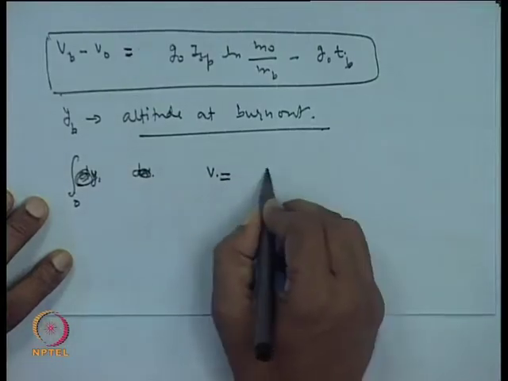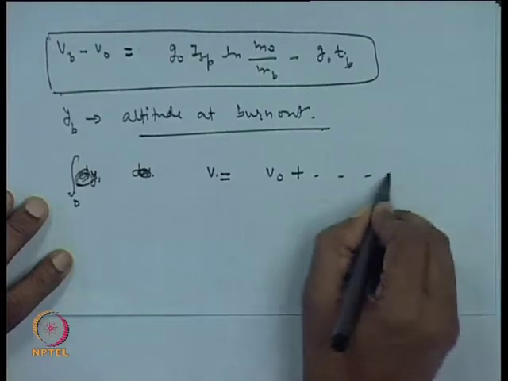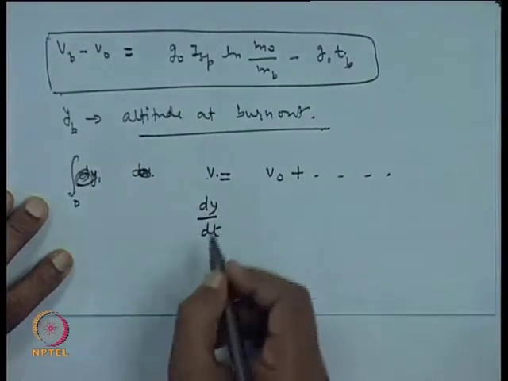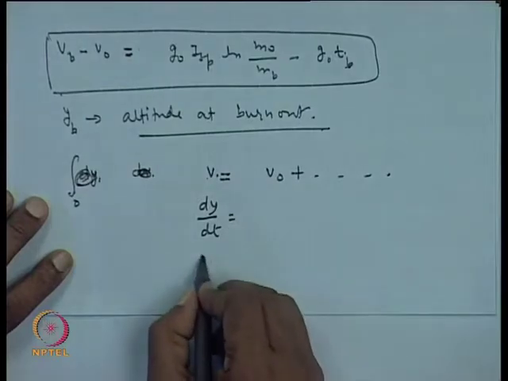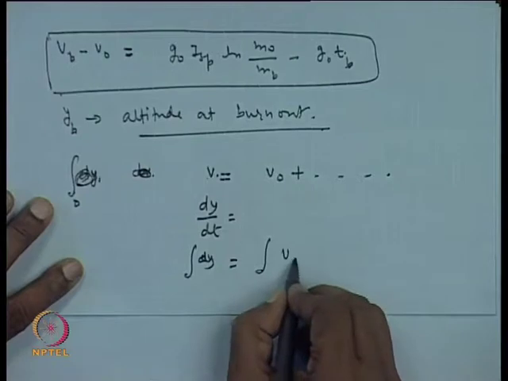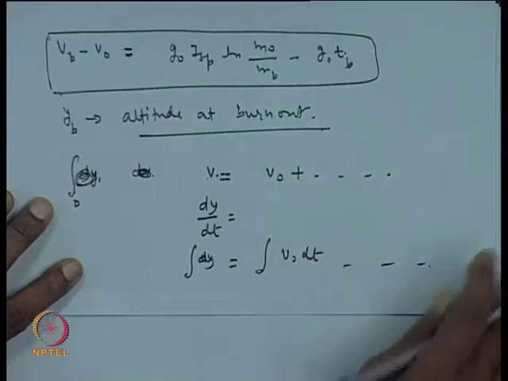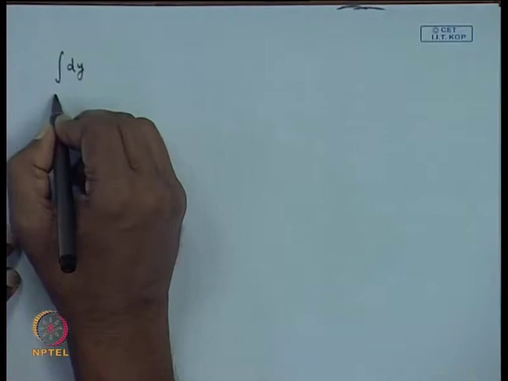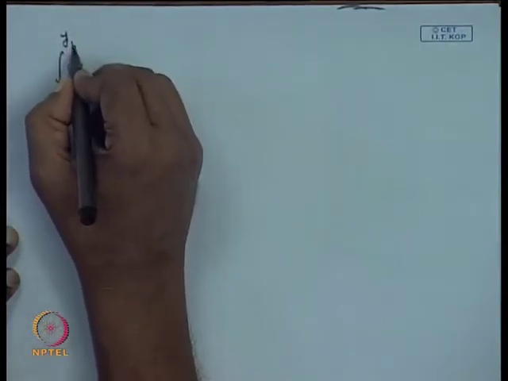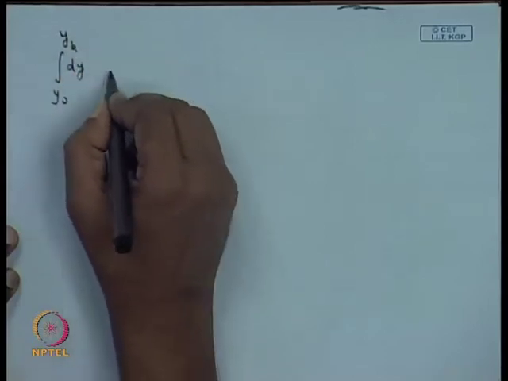So, V equal to V 0 plus other terms. So, this V we will write as dy by dt, okay, and do the integration. So, dy we can integrate in this way, V 0 dt plus other terms. So, writing this dy from y 0 to y, and we can put a b to indicate this is the burnout altitude.